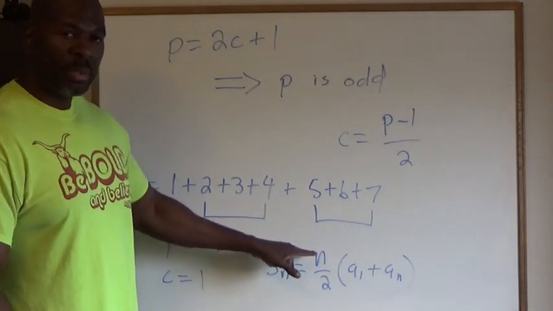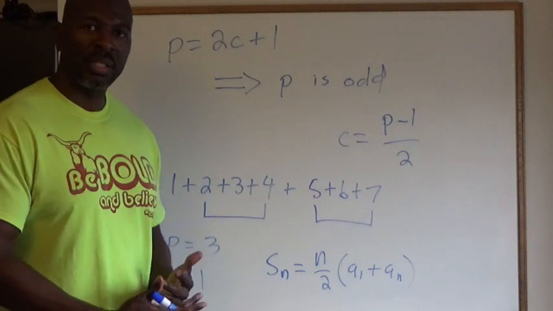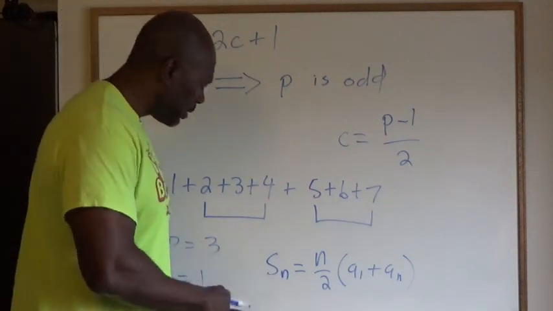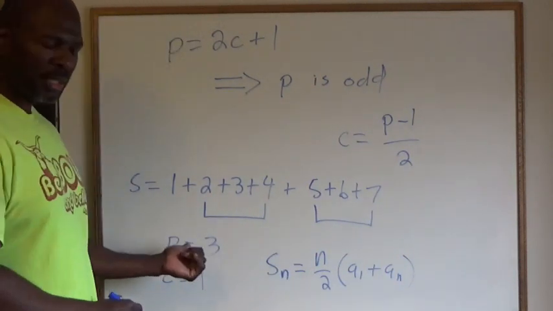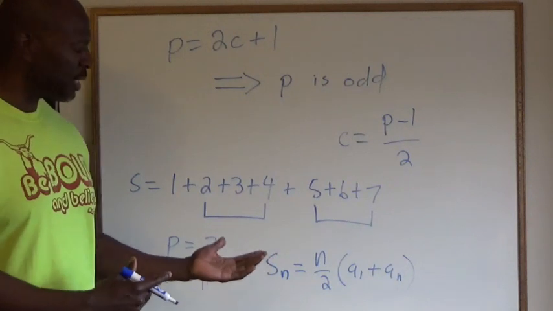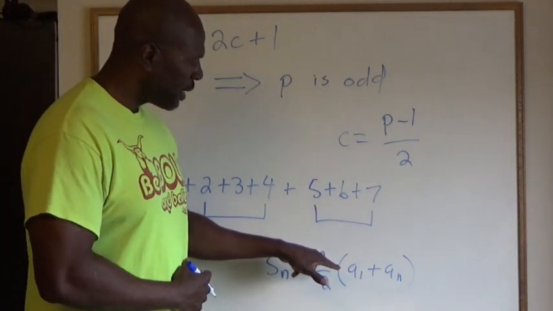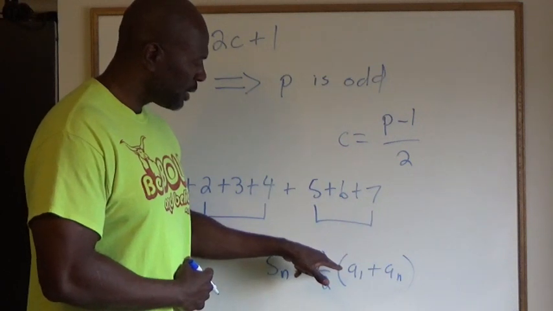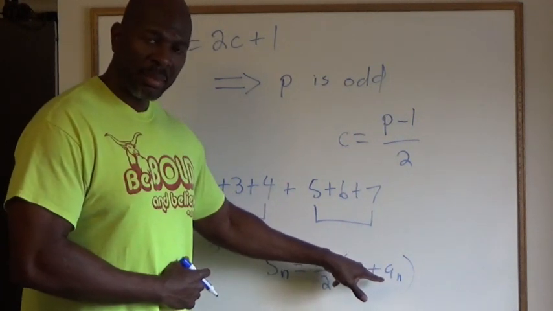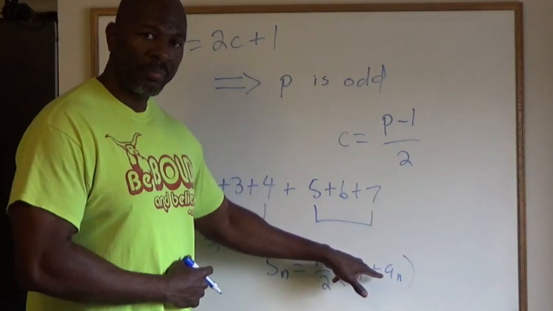N is the number of numbers in the sum. So for everything we do, n is going to be p, because there are p numbers in every sum. A1 is the first number in that particular series, and an is the last number in that particular series.